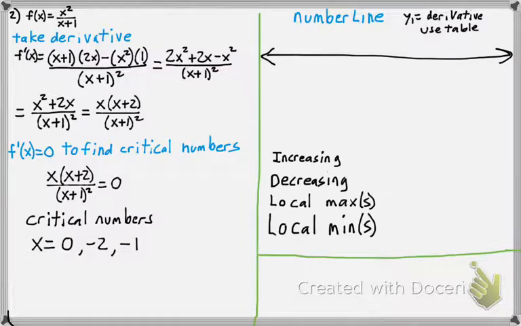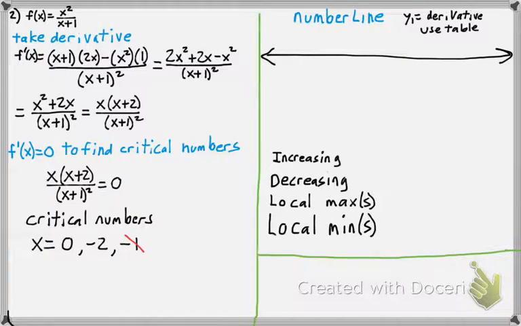So these three are critical numbers, although if you look at the negative 1, that is undefined in the original problem, in the original function. So we actually need to cross that out. That is no longer a critical number, although we still need to keep it on the number line.